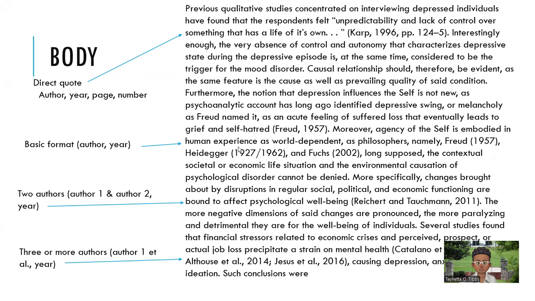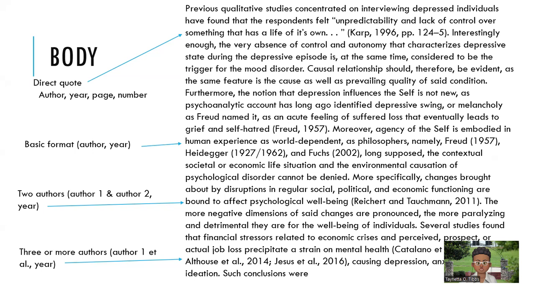For a basic in-text citation, it will be the author's last name, followed by a comma and the year in parentheses. For two authors, as indicated here, you will have the first author followed by an ampersand and the second author, followed by a comma and the year within parentheses.